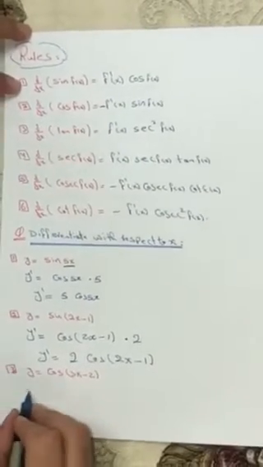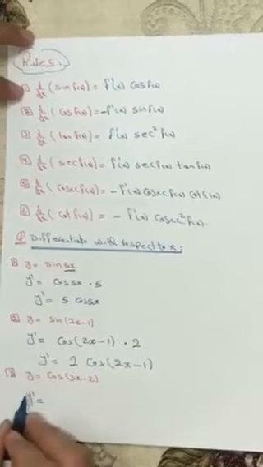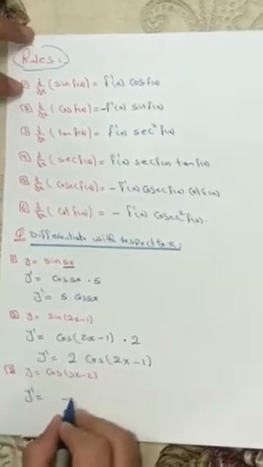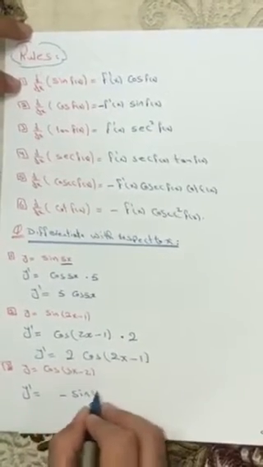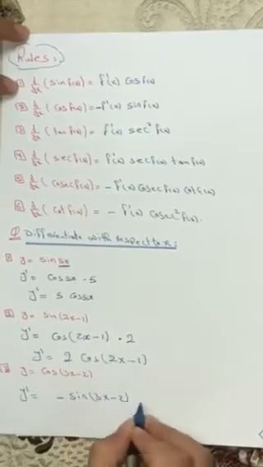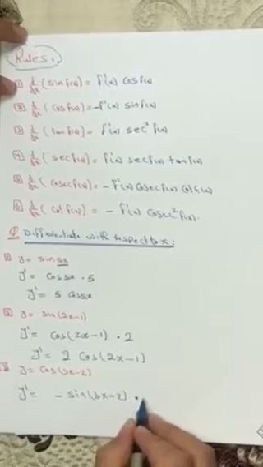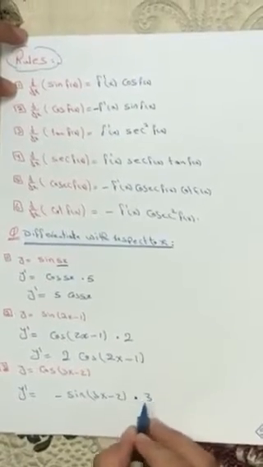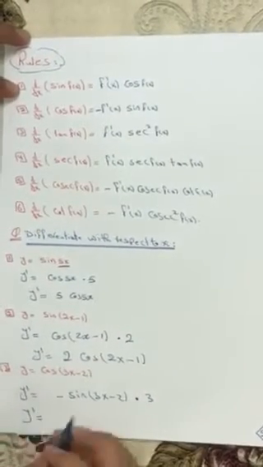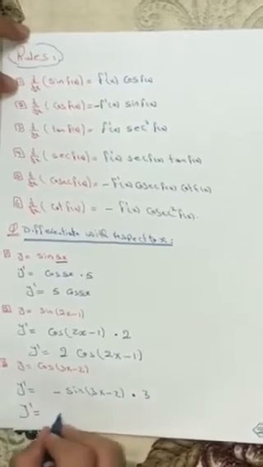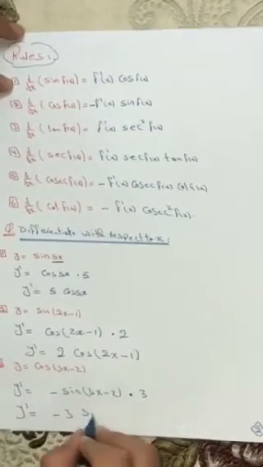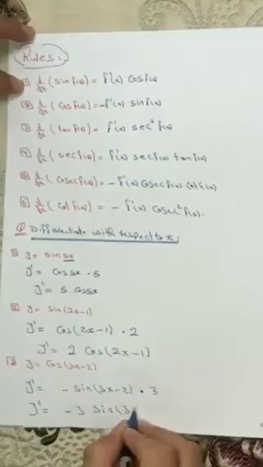Question number 3, y dash equal derivative of cosine is negative sine 3x minus 2 times derivative of angle, derivative 3x minus 2 is 3. Now simplest form, negative sine multiplied by 3 is negative 3 sine 3x minus 2.